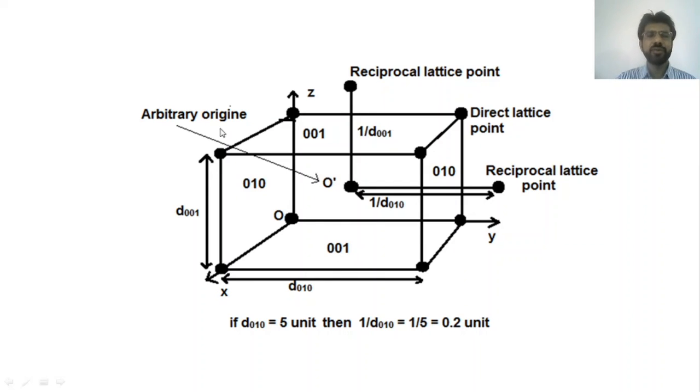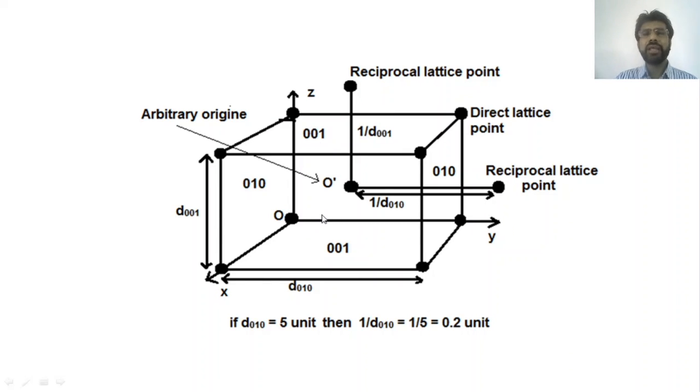Now these are the different planes. Suppose this is the x-axis, this is the y-axis, this is the z-axis. Therefore this plane has the coordinates 0, 0, 1. Okay, now this plane has the Miller indices 0, 1, 0. Now this plane has the Miller indices 0, 0, 1.